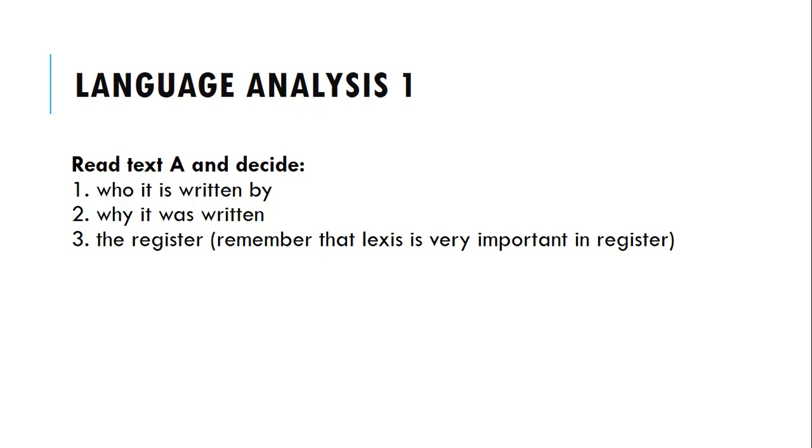Okay, so let me repeat. Who it is written by, it means the sender. Why it was written, it focuses on the goal or the objective or the intention. And the register, focusing on the vocabularies used.